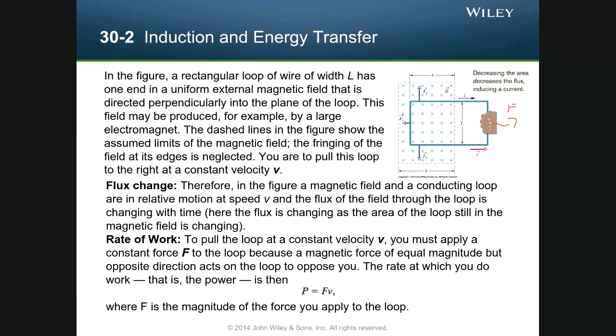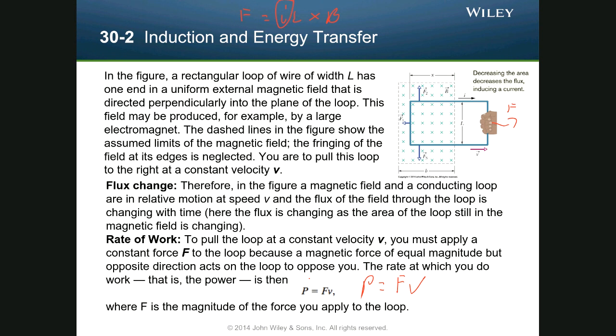And we can see from our definitions of power, with power being the rate at which work is done, that P equals FV. And what's more important is we can see that F equals IL cross B. So the question is, how do we find I?